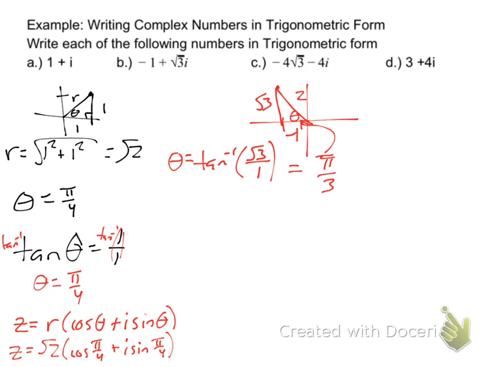So when I go to switch to my forms, the answer is 2 parentheses cosine of, no, not pi over 3. It's 2 pi over 3.